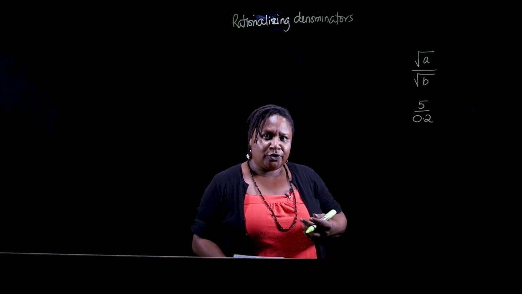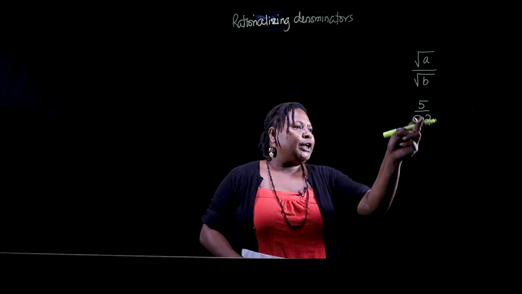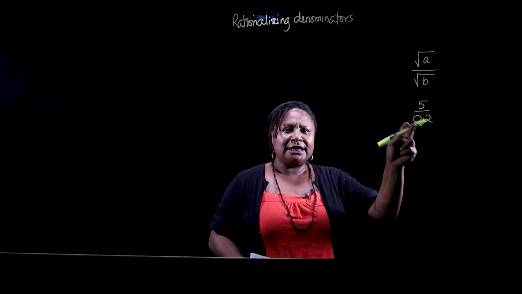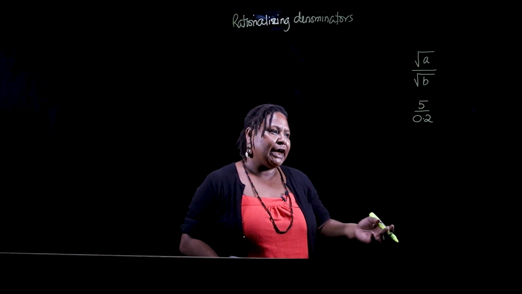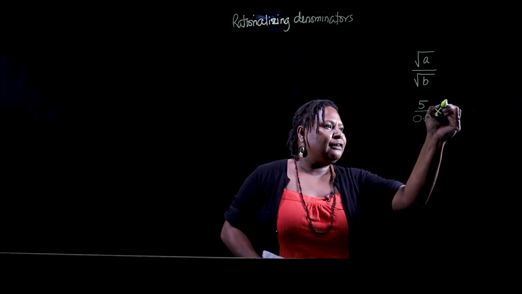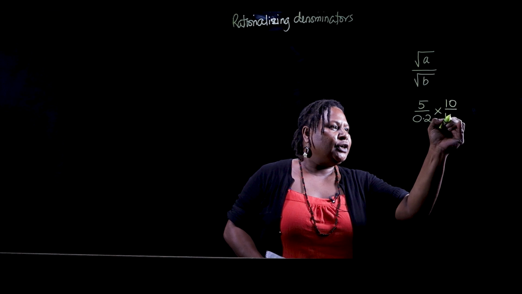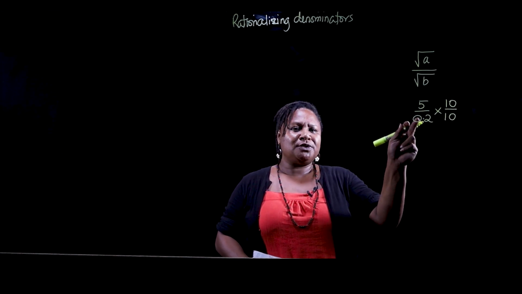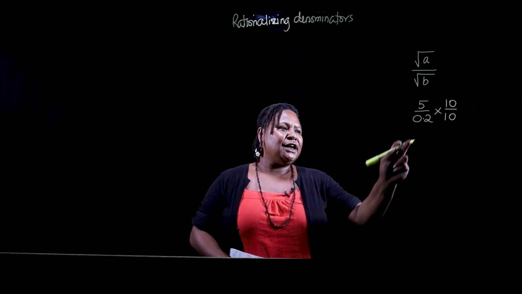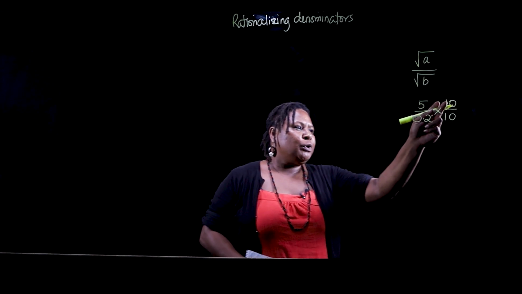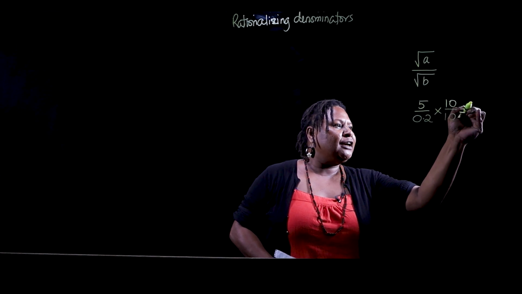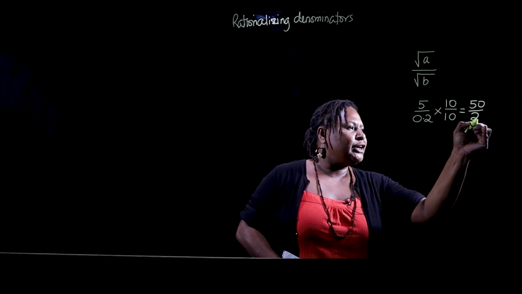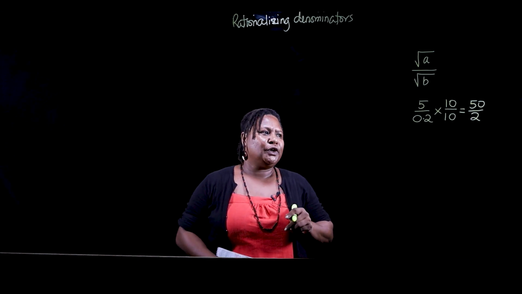When we are dividing by decimals, we try to make this decimal a whole number, so we multiply by a power of 10 so that 0.2 becomes the rational number 2.